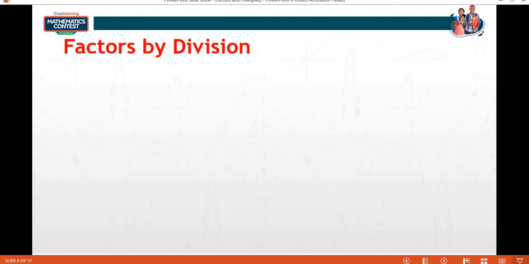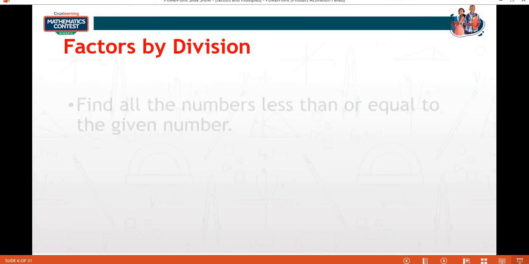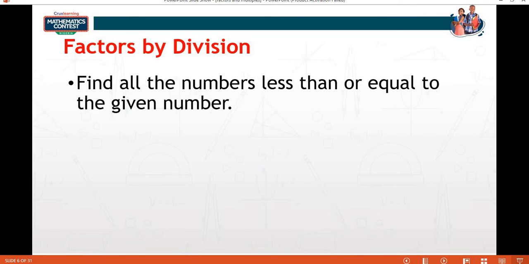We start with factors by division. Since we know that factors of a given number are always less than or equal to the given number, for us to use the division method, the first thing we do is to find all the numbers less than or equal to the given number.